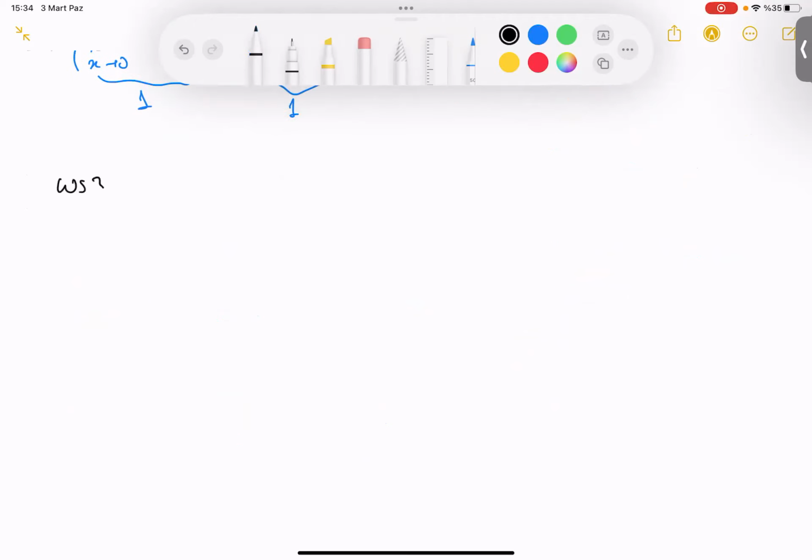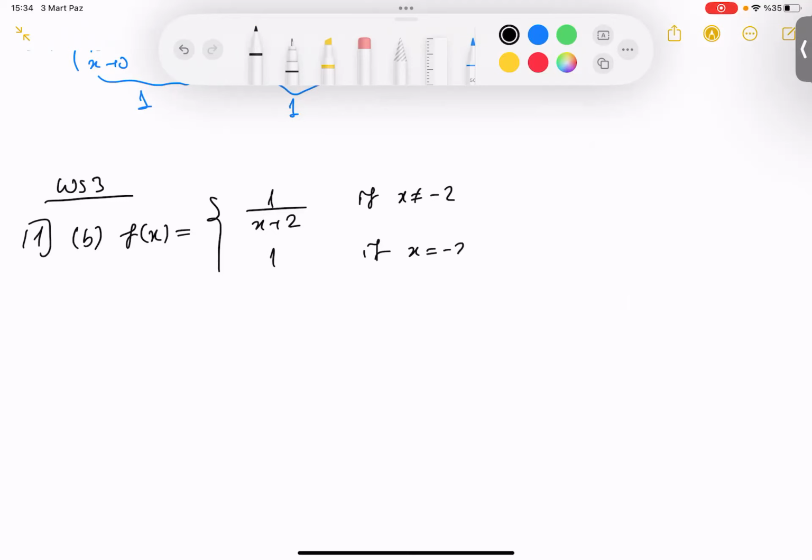Now from worksheet 3, we solve problem 1, part B. The question is: explain why the function is discontinuous at the given point. Then we will sketch the graph.